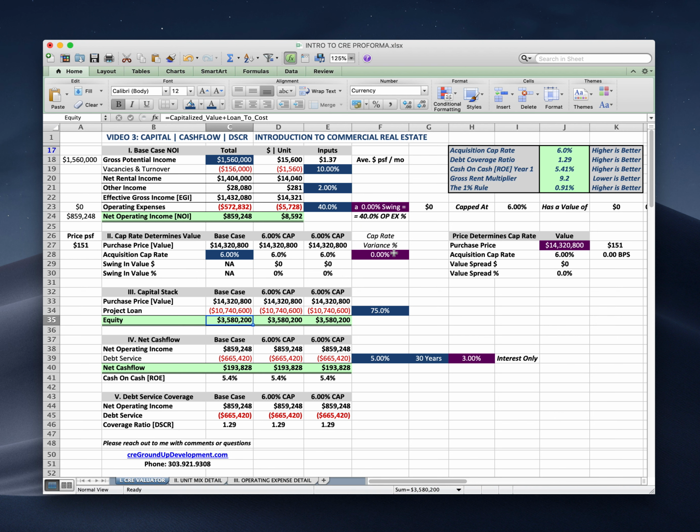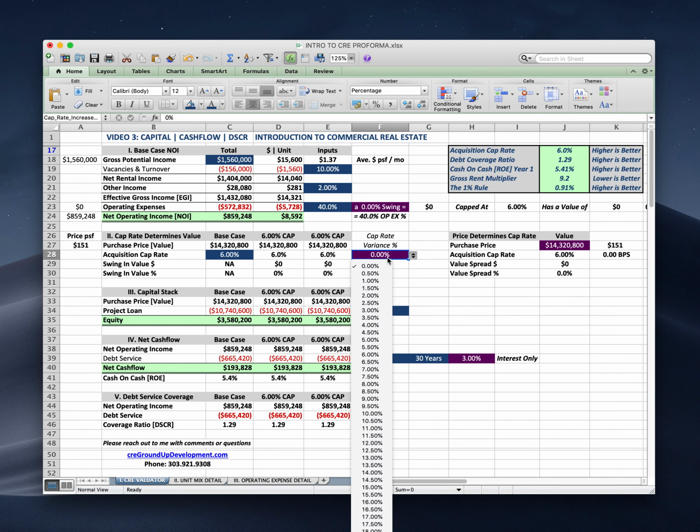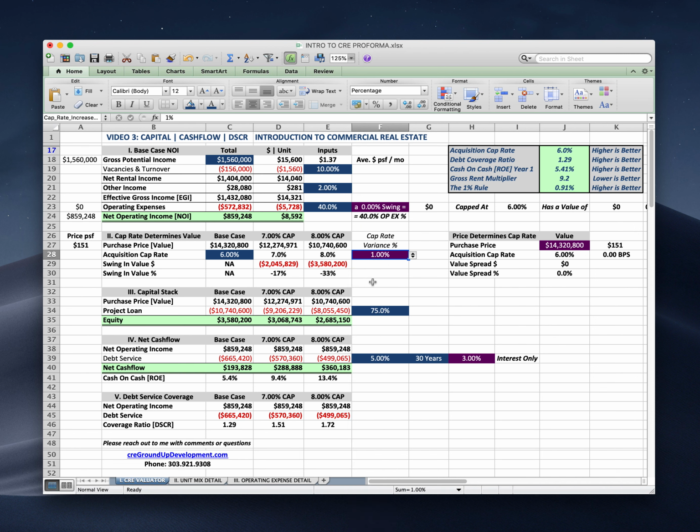And if you remember, this is a variance that we have up here. If we said, what happened if we varied the cap rate 1 point? What goes on down the line with capital stack and cash flow and debt service coverage ratio? Well, we're raising the cap rate, which means we're lowering the sales price, which in this case is $2 million and then $3.5 million.